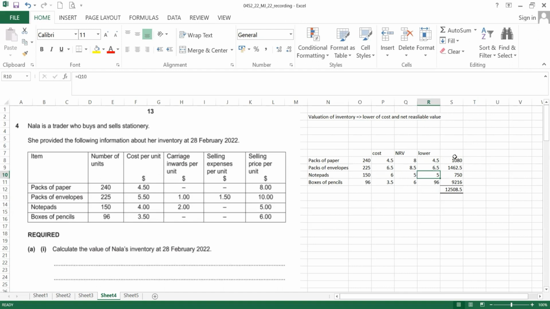Okay, then here is 332. Okay, this one is my mistake. This one lower is this one. I did the wrong one. So that's why I cannot get the answer. This one took the wrong quantity. This is a quantity. Okay. So this is a closing inventory amount. Choose the lower.